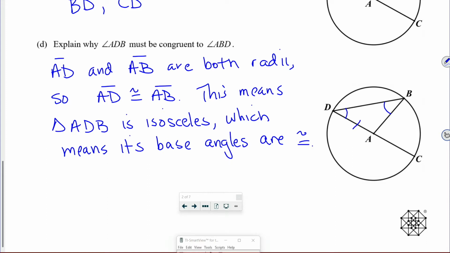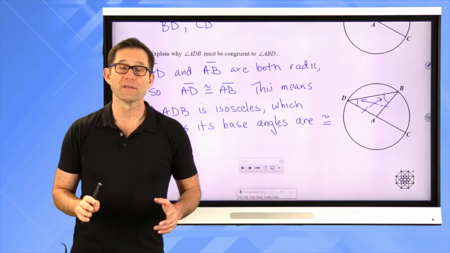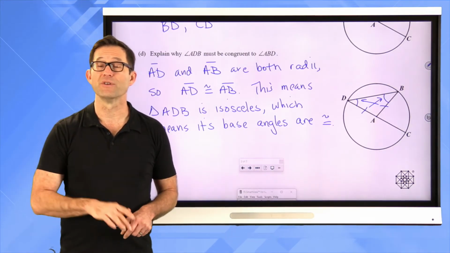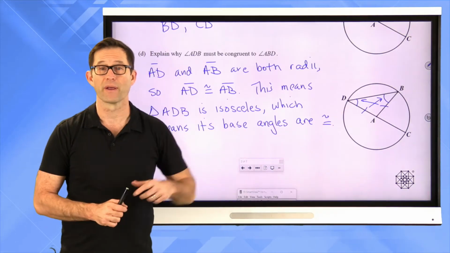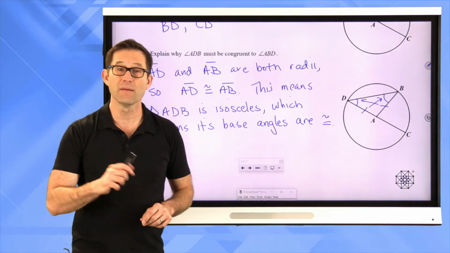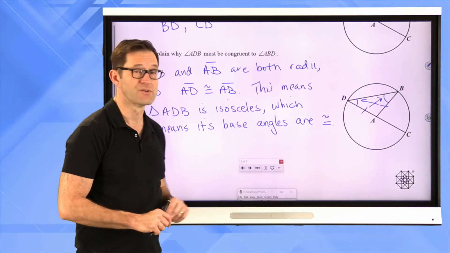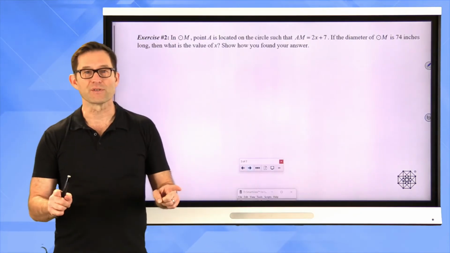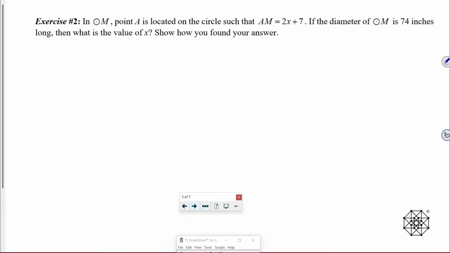This is congruent to this, which means this angle is congruent to that. And we're going to see isosceles triangles pop up a lot in geometry specifically because of this property. Okay, let's keep going and learn more terminology associated with circles. But first, let's do exercise number 2.